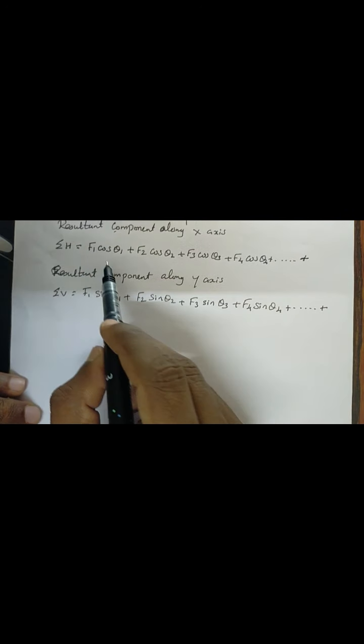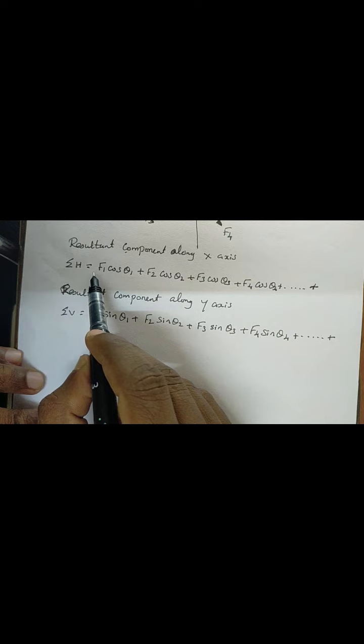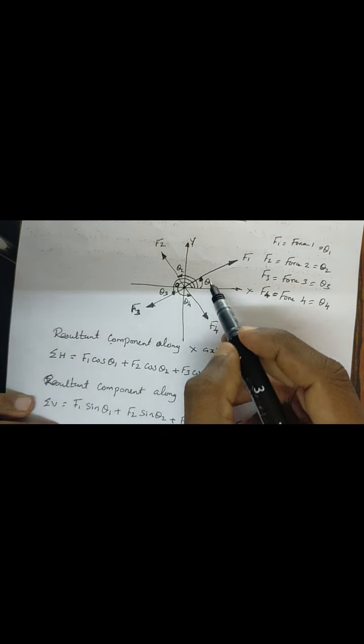So you can write it as the summation of horizontal components. Every inclined member has a horizontal component as well as a vertical component. Here we consolidate all horizontal components. That's the concept. Here we consolidate all vertical components. That's the meaning.